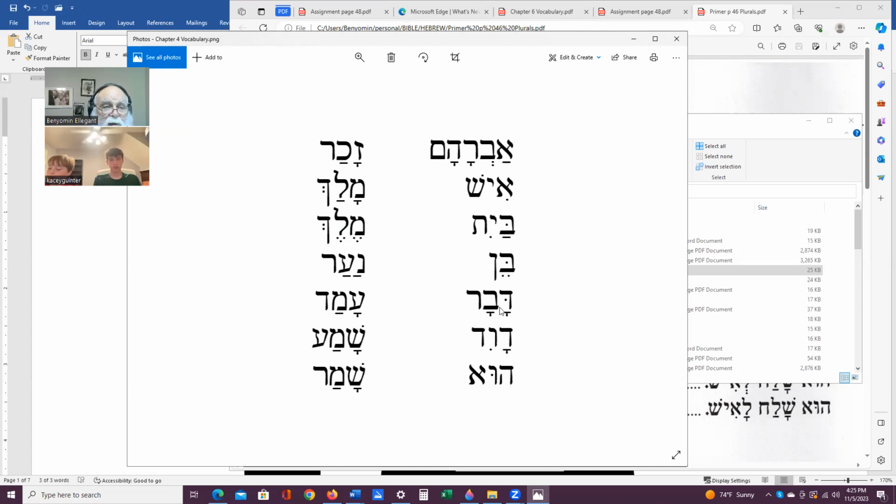That's a word. It's a noun. So when you see it in the Qal tense, because you're going to see different things, but in the basic tense, you're talking about the third person masculine singular. He did. Okay?